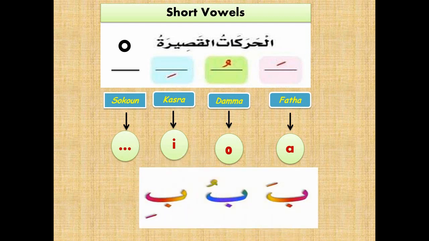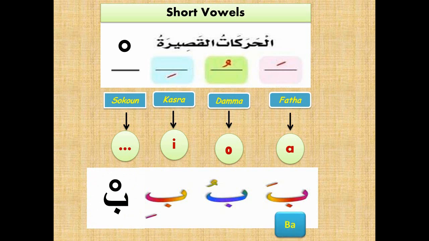We have bu, damma. And we have bi, kasra. And the last one, we have b. Right. So we pronounce the first letter ba, bu, bi, and b.